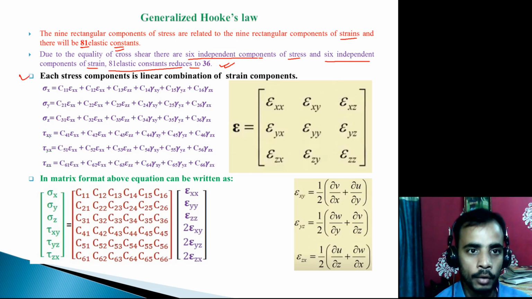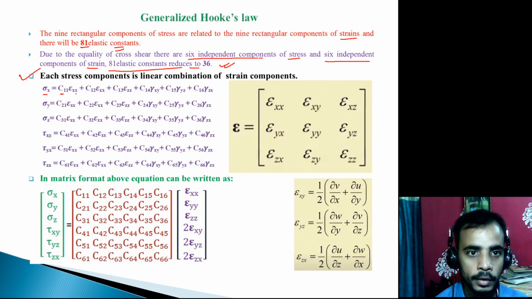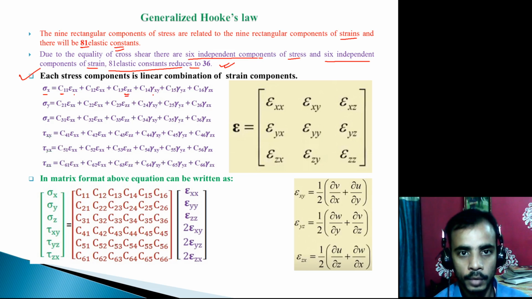Okay. Now see, each stress component is a linear combination of strain components. So sigma x is C11 epsilon xx plus C12 epsilon yy plus C13 epsilon zz, plus C14 gamma xy. So what is gamma? The tensor shear strain epsilon xy is equal to half of gamma xy, so we can write gamma xy as 2 epsilon xy.